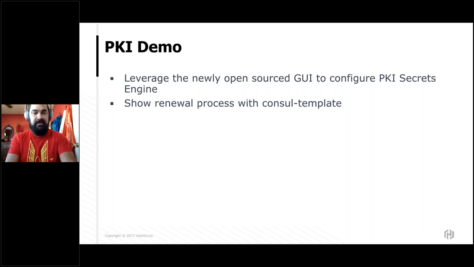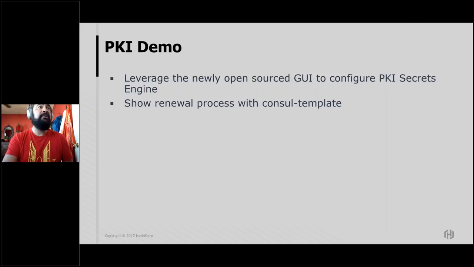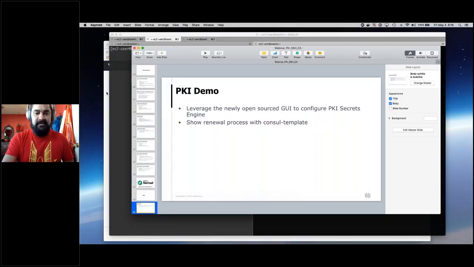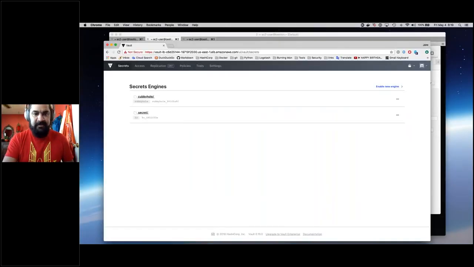If you're not familiar with consul-template or haven't really used Consul too much, I highly encourage you to check that out. It's a very useful way to fill out configuration files in a very quick and automated way. All right, so with that, let's get over to our demo.